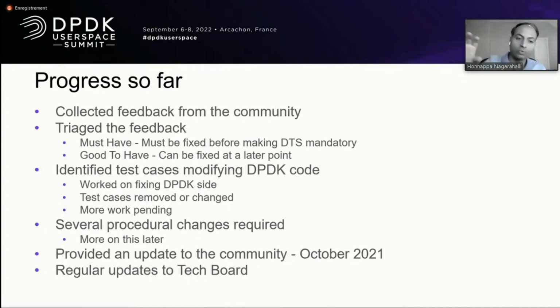The must-have items are the ones which we wanted to fix before making DTS mandatory. These were, yes, we need to fix them. Without fixing these, we can't make DTS mandatory. And then good-to-have were some things which could be fixed later. For example, we need more debugging capabilities in DTS.